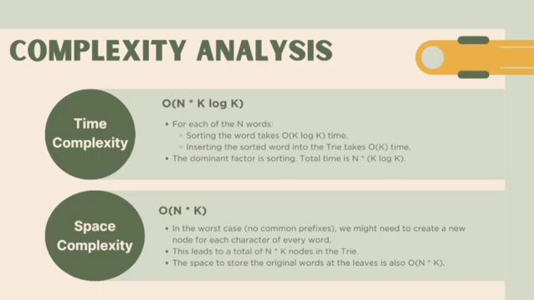In the worst case, if there is no common prefix, we may need a new node for each character of every word, leading to O of n times k nodes in the tree. Storing the original words at the leaf nodes also requires O of n times k space. So overall the time complexity is O of n times k log k and the space complexity is O of n times k.